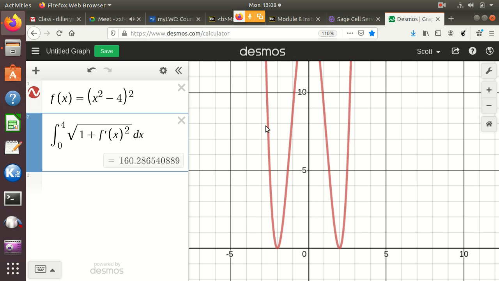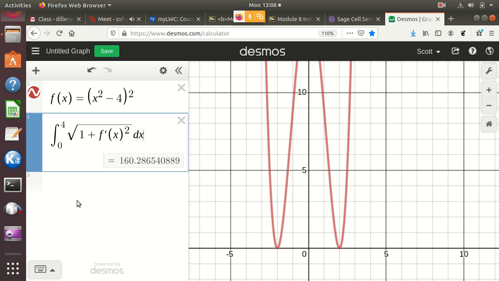It's that simple. In a way, I don't even need to know calculus. I just need to know that's the thing I'm supposed to type in. And somehow it magically gives me that. So the calculation is straightforward as far as technology.